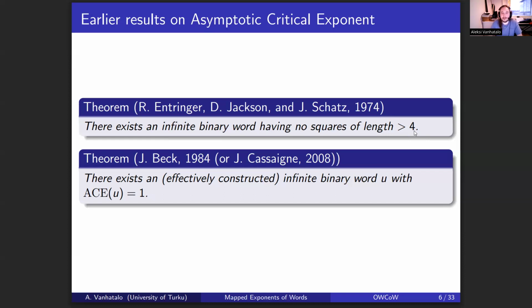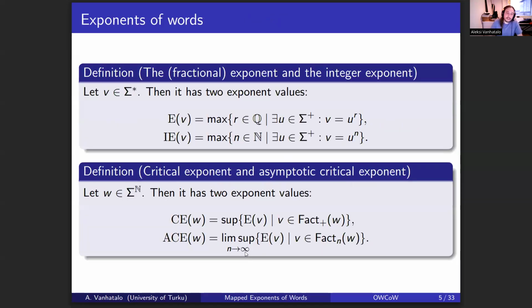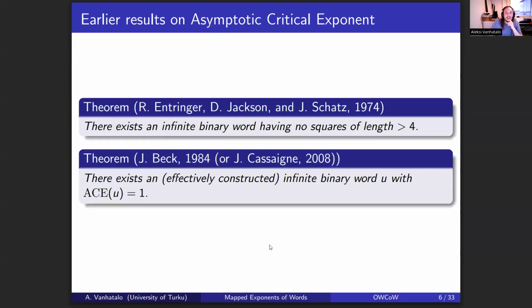The asymptotic critical exponent, in its definition, ignores all the small factors and considers only the large picture of the word, how much those repeat. And it basically started here, I think.